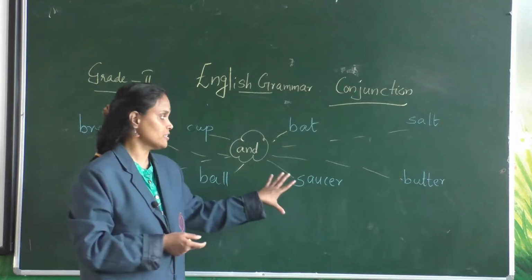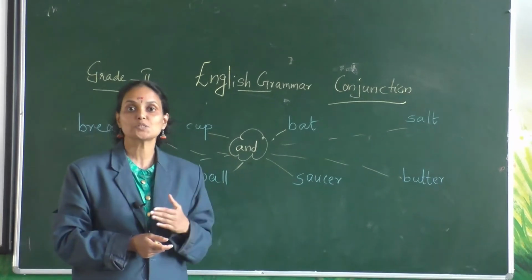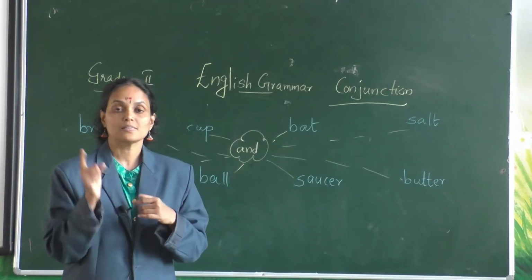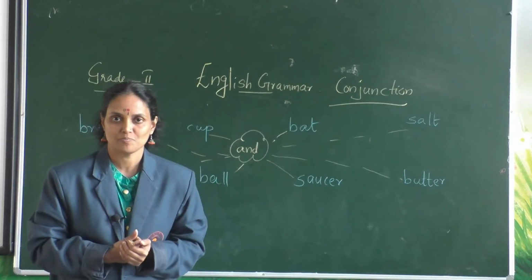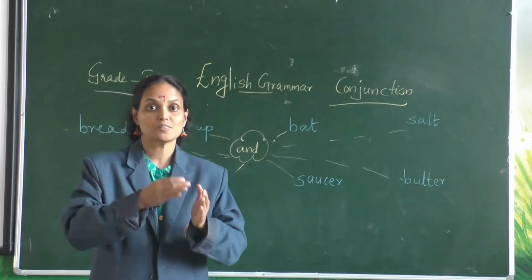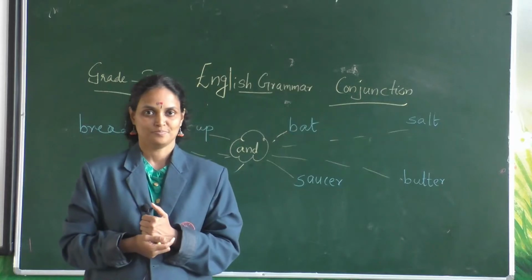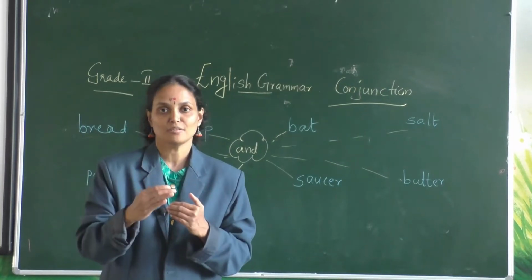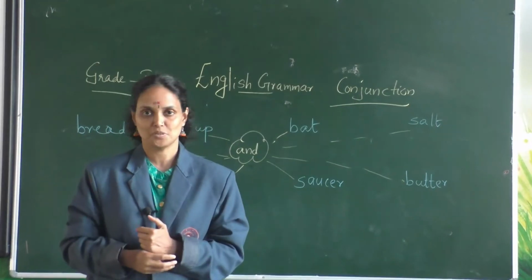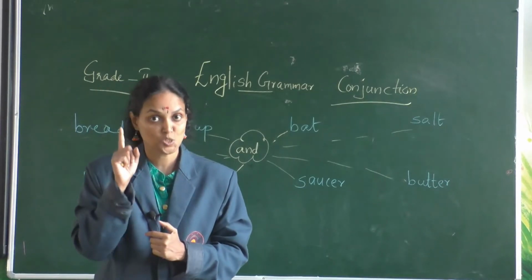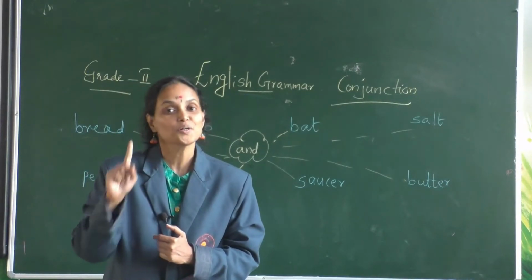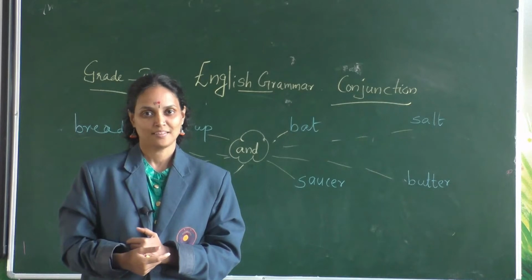Right? The same conjunction and is used to frame a single sentence by combining two different sentences. Ram is a good student. Chetan is a good student. How can we write? Ram and Chetan are good students. Right?